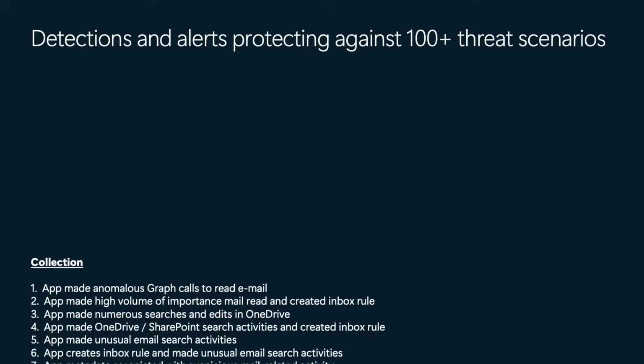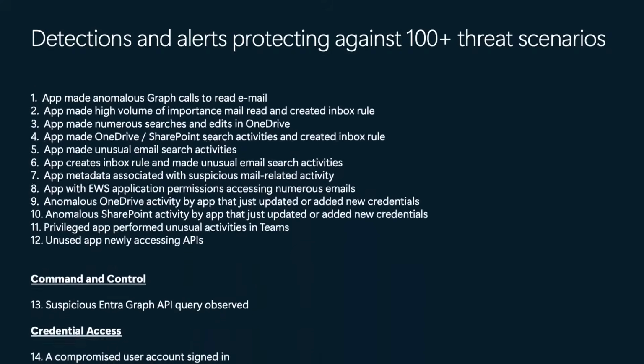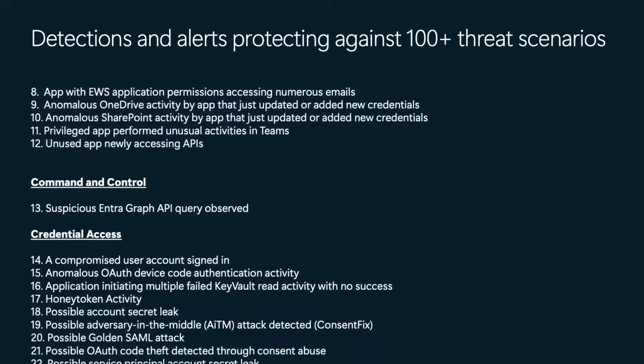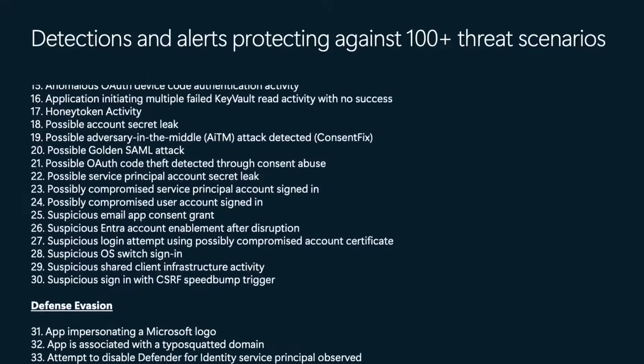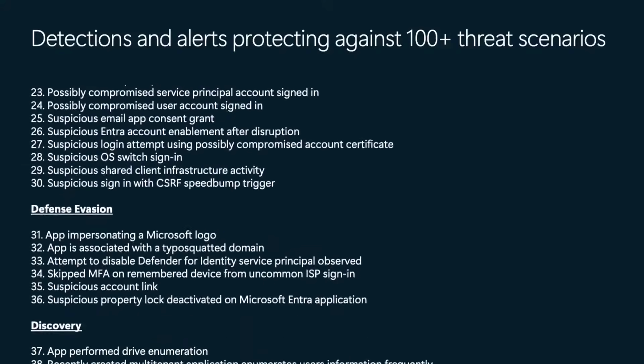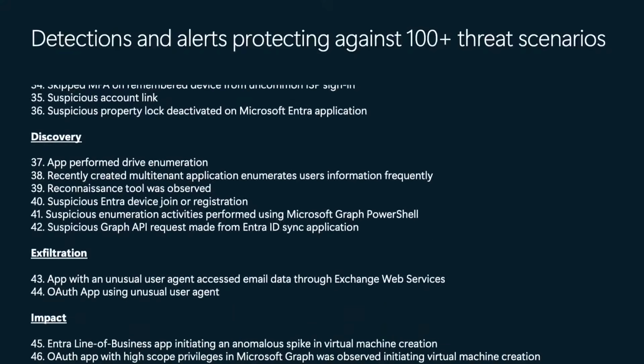The scale of our detections and alerts protecting against these threats matters. We have over 100 threat scenarios that cover our hybrid identity landscape. And these are constantly being built and added to as new threats emerge within the ecosystem and within the threat landscape.